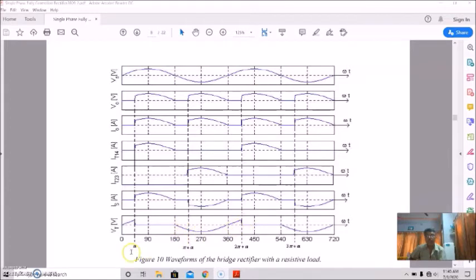This is for each thyristor, like this. This is for the negative half, and this portion is for the delay angle. This is again for conduction, and this is again for forward blocking. So that's all about this full wave bridge rectifier.